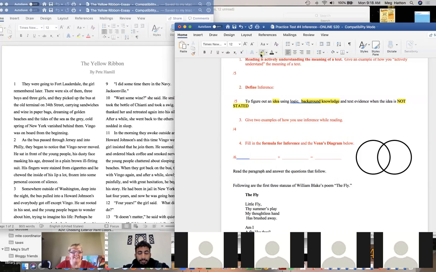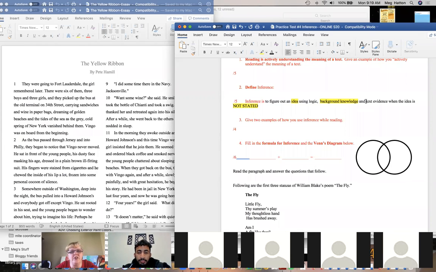So I wrote define inference. Inference is an idea that is not stated, and you have to figure it out using background knowledge.